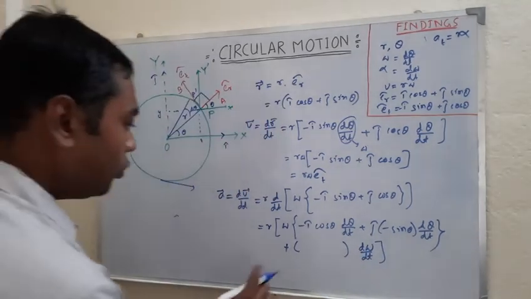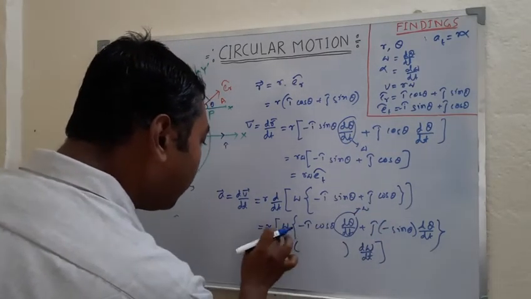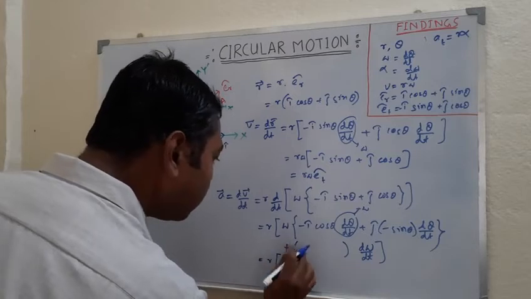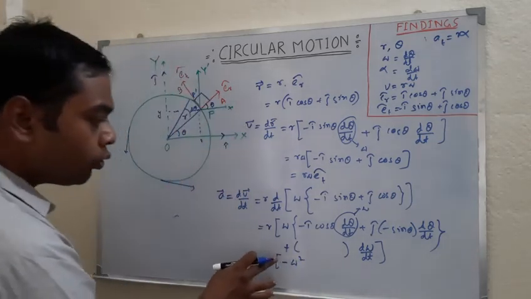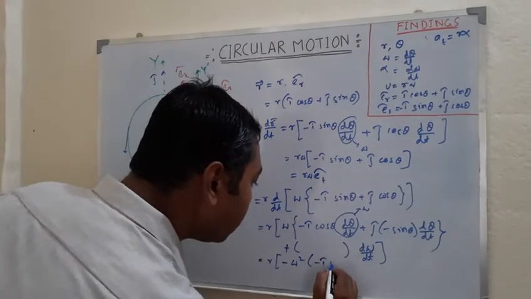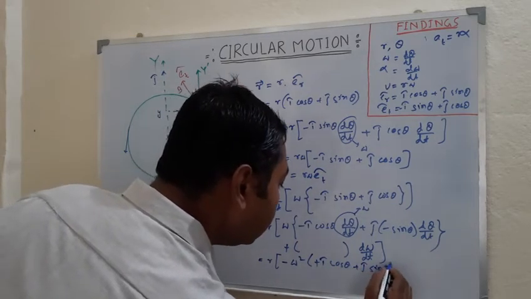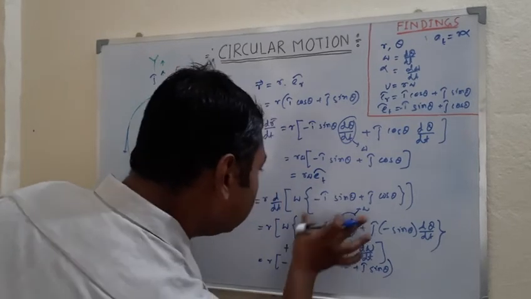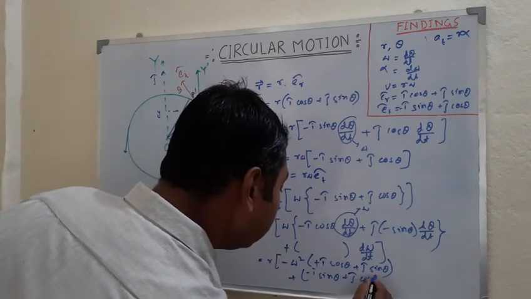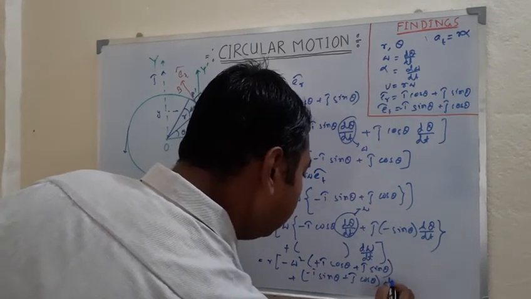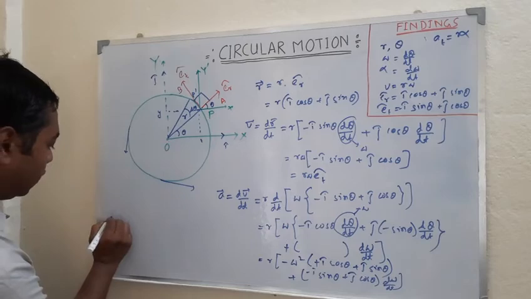Got it? So d theta by dt again equals omega and can be taken out. So omega becomes omega square, and the minus sign can be taken out of both terms. Inside will be minus omega square, and we are left with minus i cos theta minus j sin theta, and this other term is minus i sin theta plus j cos theta times d omega by dt.